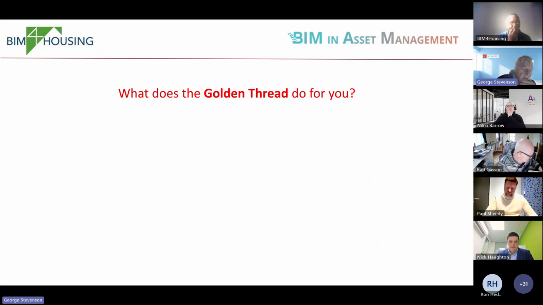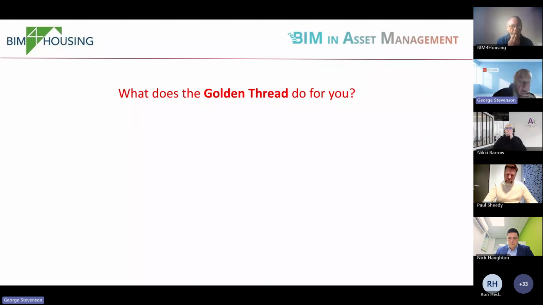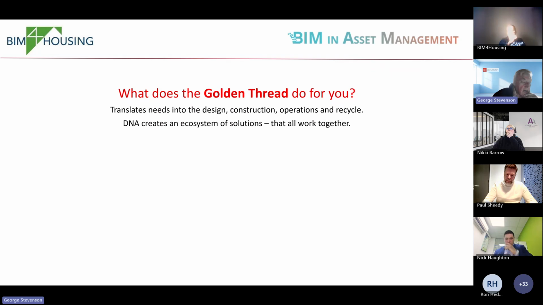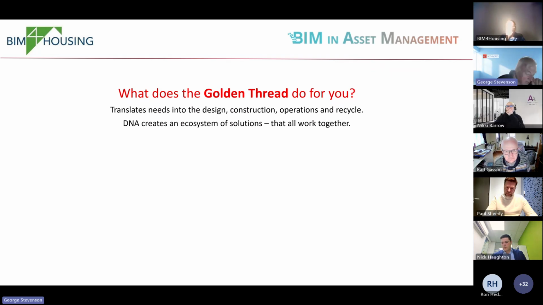So what we're trying to do is turn it into something tangible. What does the golden thread do for individuals? And that's a definition of what it's doing. And the analogy that we're using is that it's like DNA that goes through an ecosystem of activities and solutions. But the important thing is that they all work together.